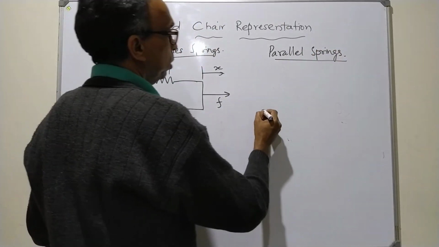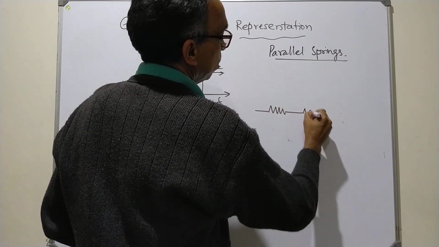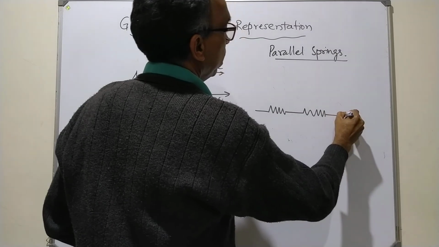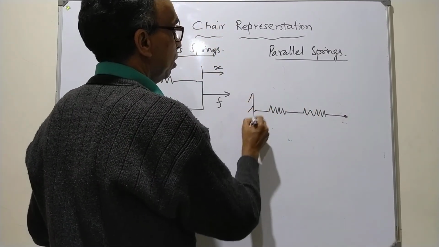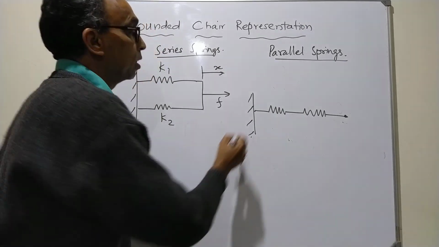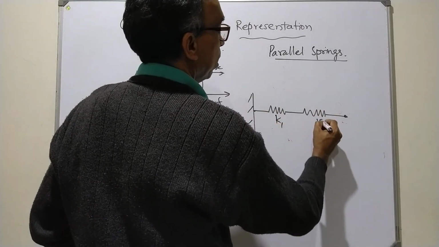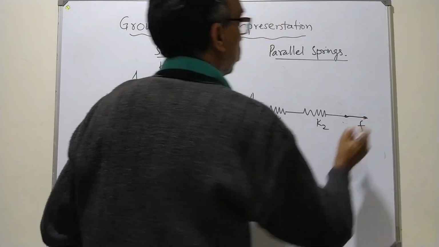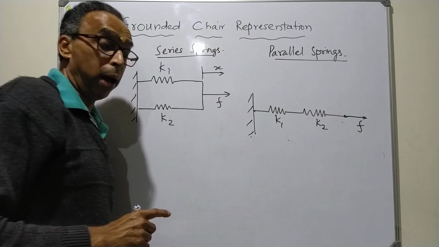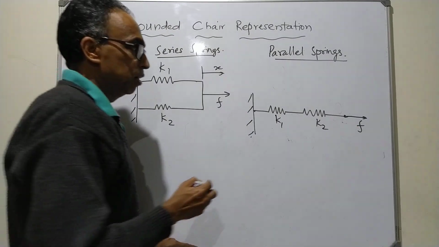Now, though visually they appear to be series springs, we had called them parallel springs as per Ravan's convention. Springs having stiffness K1 and K2, when subjected to force, are parallel springs as per Ravan's convention.